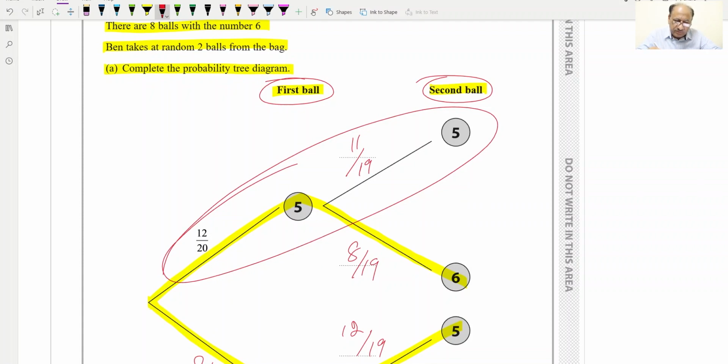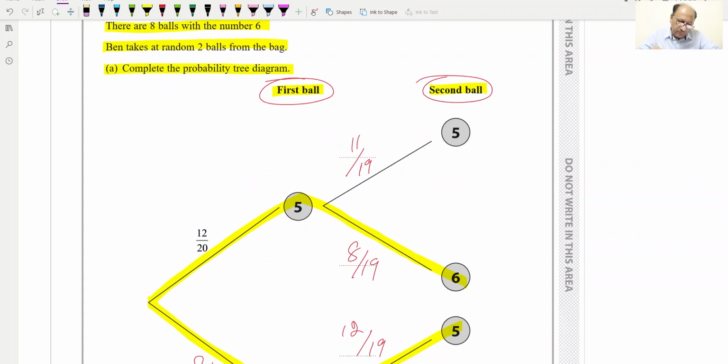So we will subtract. What will be the probability of this branch? It will be 12 over 20 into 11 over 19. So this probability we will subtract from 1 and we will get the answer.